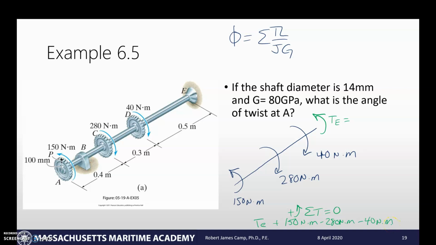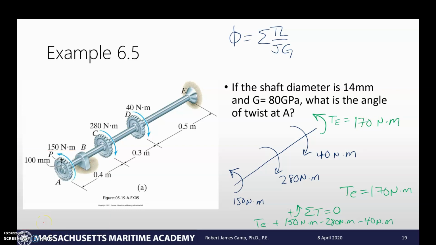If I rearrange that equation, we end up with the torque at E equal to 280 moved to the other side, 320, 170 newton meters. It'll be positive, which means I picked the right direction. So up here, 170 newton meters.